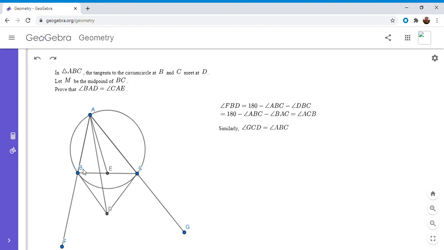So I'm going to do something a little bit clever here. First of all, notice that these are both tangent to the circle, DB and DC, because any two tangents to a circle are equal.